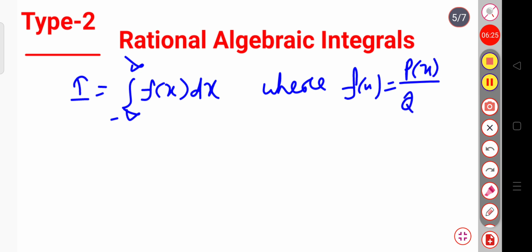Clear? This is p of x divided by q of x, and this is called the rational function of x. You can see that this is p by q form.